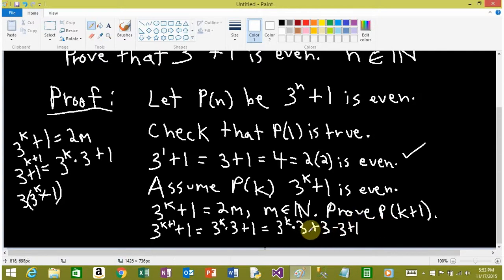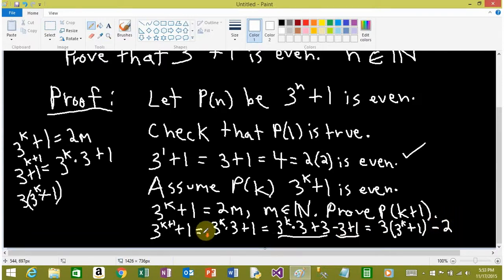And we see that if we group this together and then these two numbers together, we're going to get 3 times 3 to the k plus 1, minus 2, because negative 3 plus 1 is negative 2.